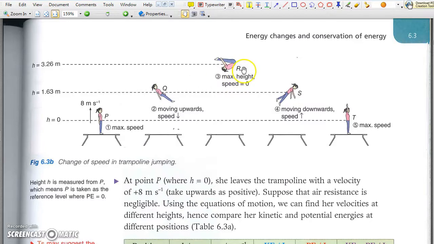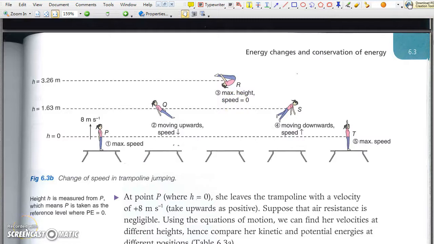She reaches maximum height when all her kinetic energy becomes gravitational potential energy at a height of 3.26 meters, where her speed is 0. If we take the gravitational potential energy at the trampoline level to be 0, her gravitational potential energy, Gpe, equals mgh.